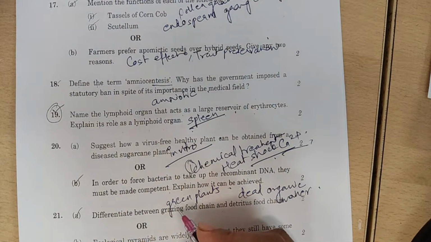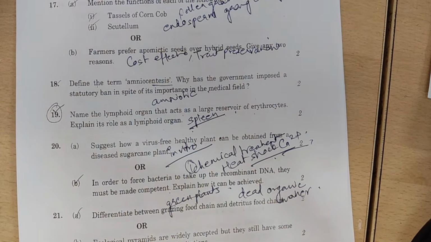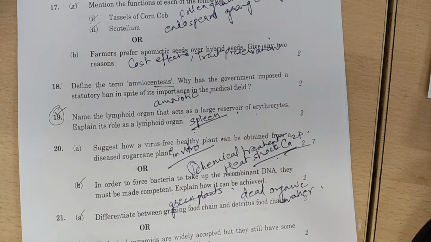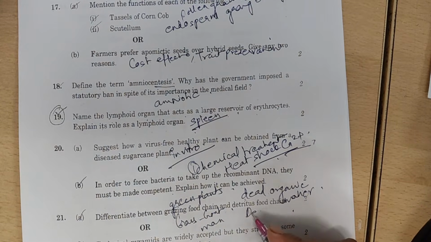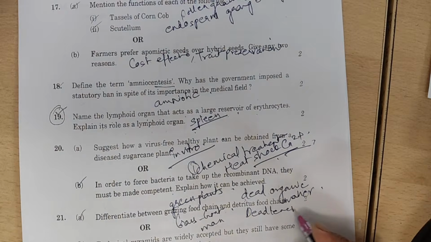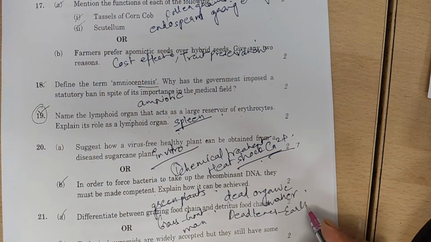Solar energy is the primary source in the grazing food chain, and in the detritus food chain it comes from the dead organic matter, organic waste. Energy comes from the breakdown of organic waste. Okay, so that is the grazing food chain and detritus food chain. The example is grass, then goat, then man, and here is dead leaves, earthworm and frog.